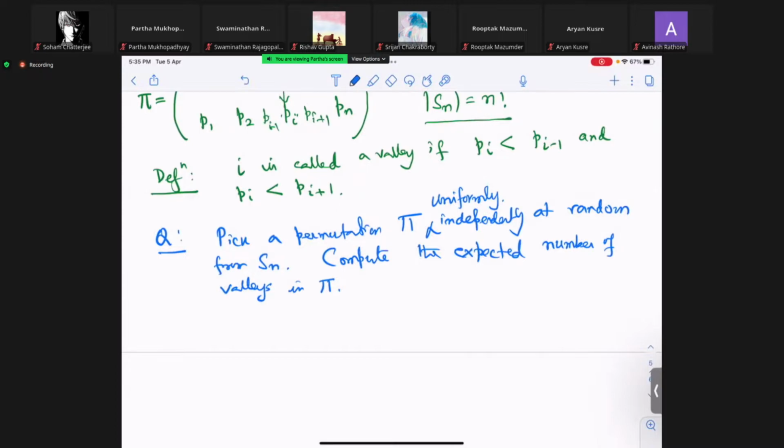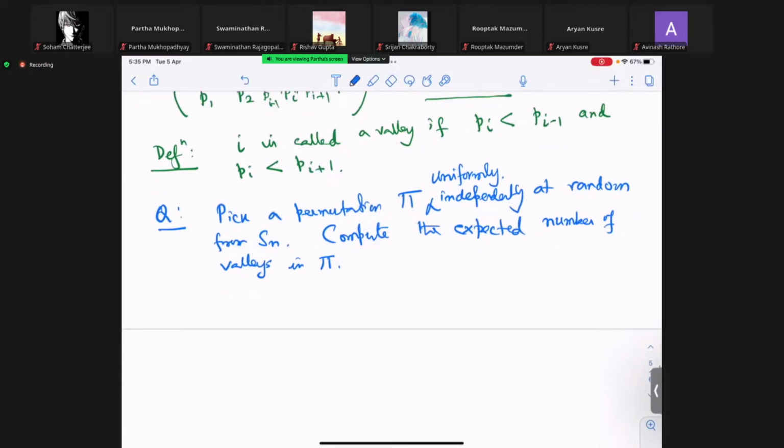Anybody like to volunteer for this proof? So I guess we could define indicator random variables, which are one if the corresponding number in the permutation is a valley, their sum is the random variable we want, and then we can use linearity of expectation. Exactly. It's correctly pointed out.